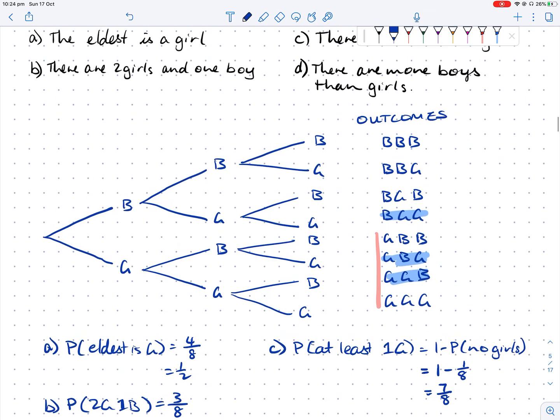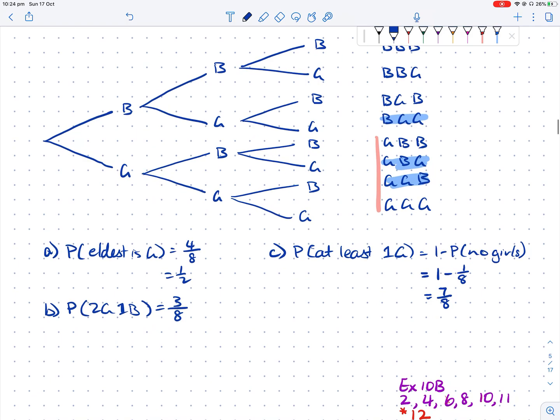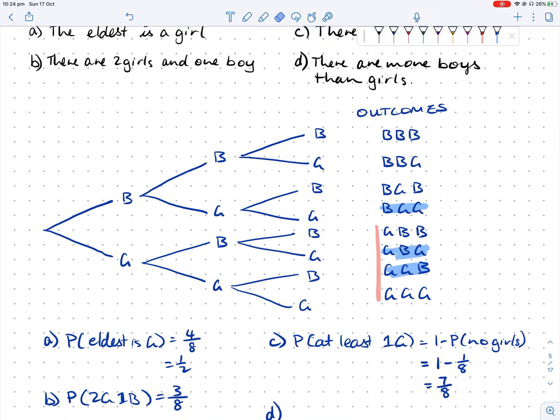With our last one, we want more boys than girls. So for D, it's probably easiest just to read through the list and work out which ones they are. Definitely that one's more boys than girls. 2 boys and a girl is also correct. Boy, girl, girl, there's more girls than boys in that family, so we don't want that one.